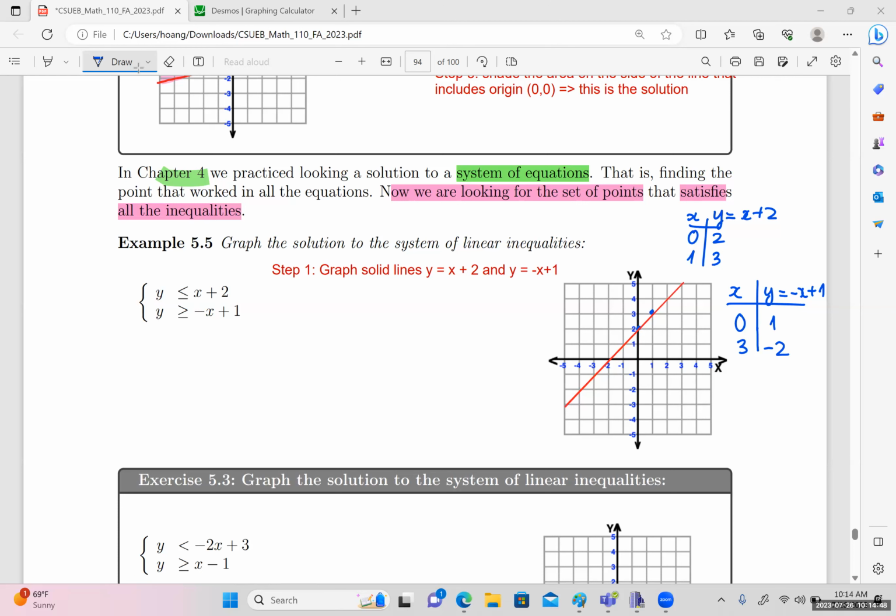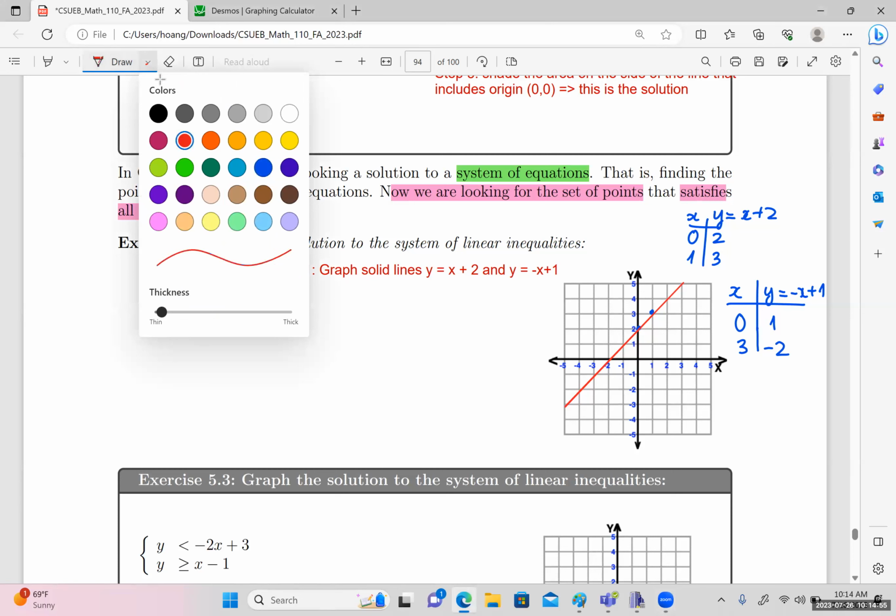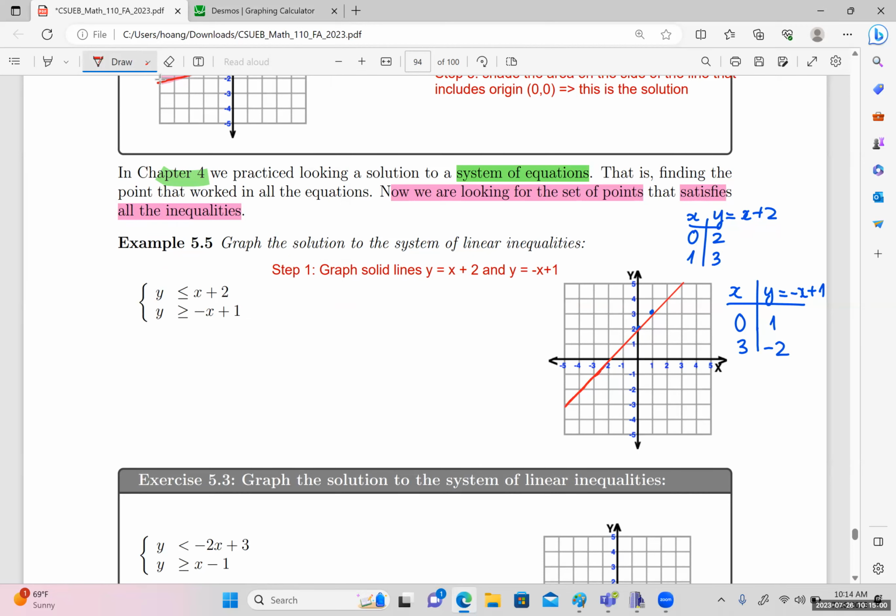And I draw the line through these 2 points. I draw the red line here. Done with one line. I will go ahead and do the second one, which is 0, 1. Not this one, sorry.